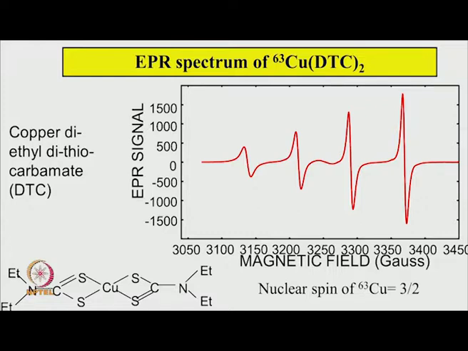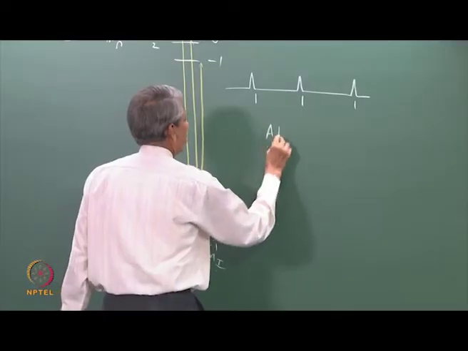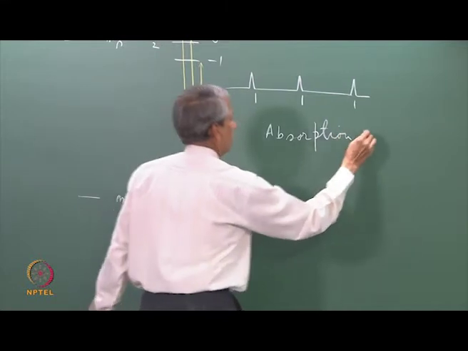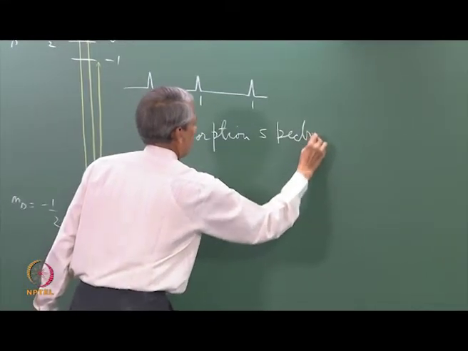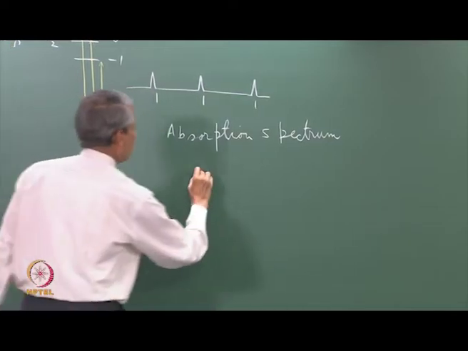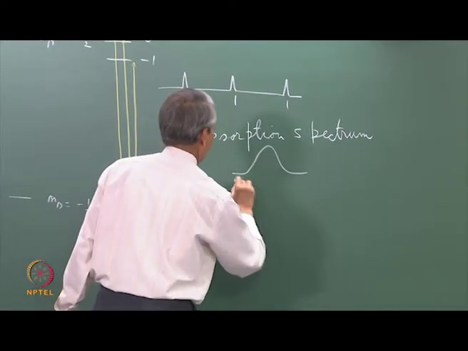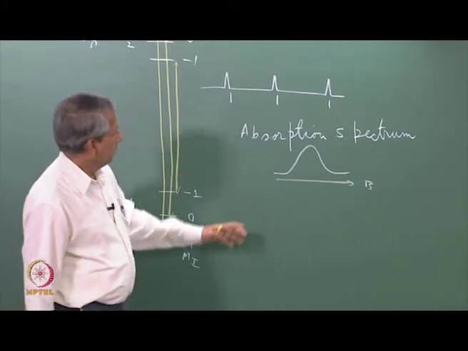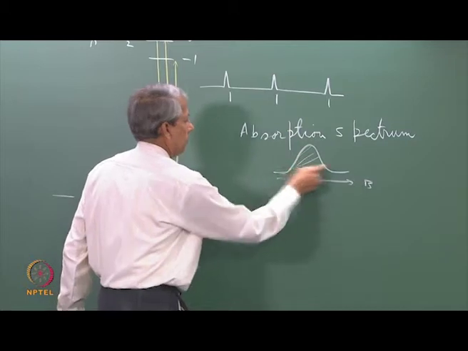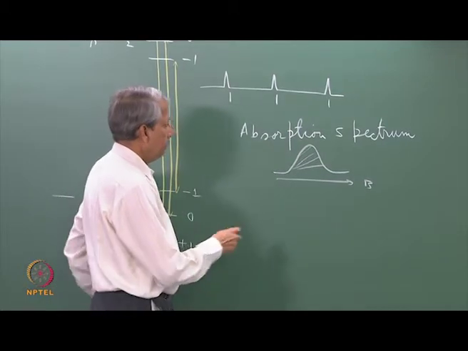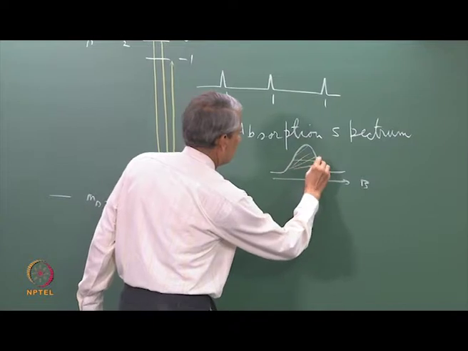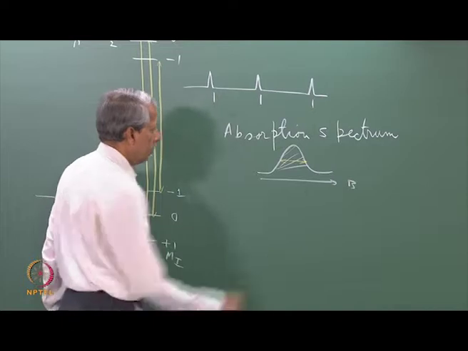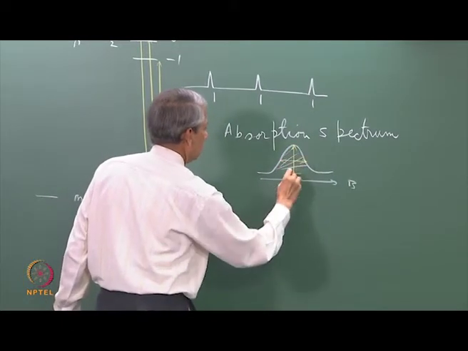For an absorption spectrum, which looks like this type of thing, this is the magnetic field. We normally say intensity is the area of this. Now that is related to, let us say if we take the full width at half intensity of this and measure the height of this one.